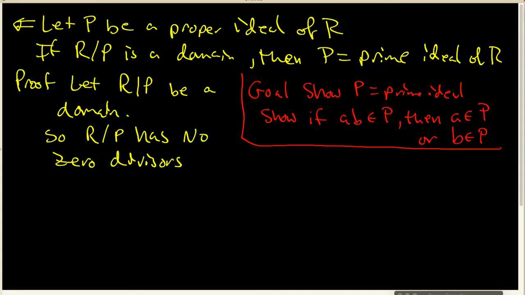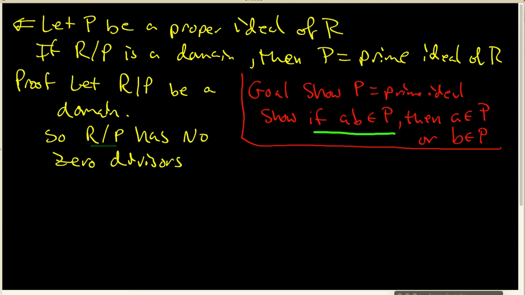So what I want to do is use the hypothesis that we have no zero divisors inside the quotient ring to somehow establish this particular implication is true.